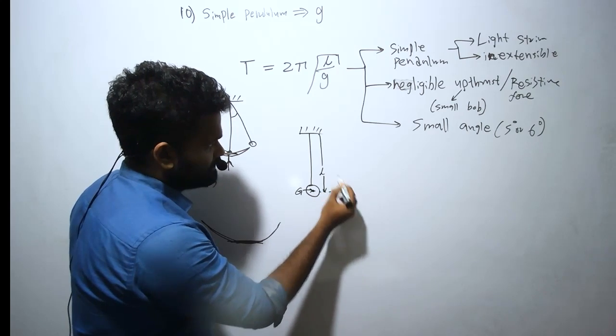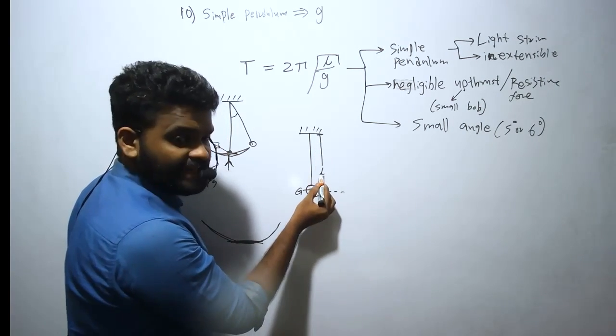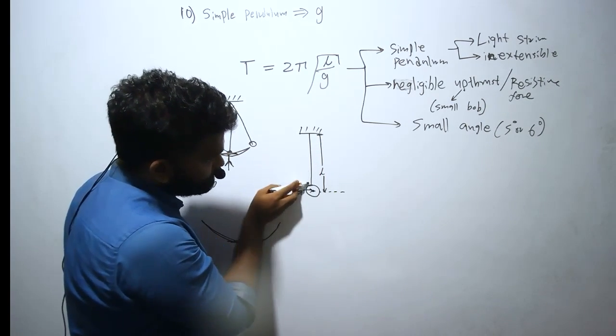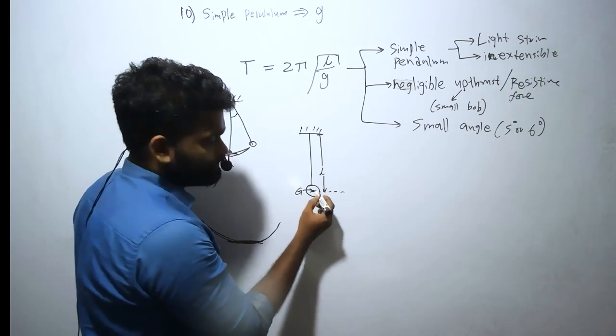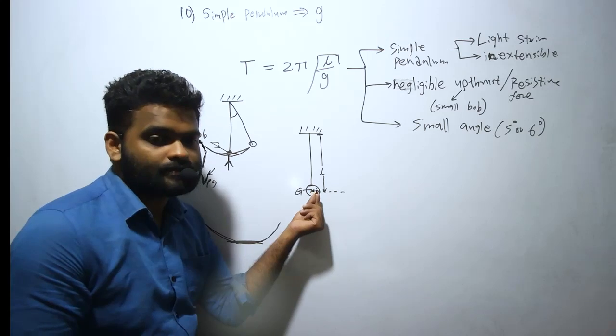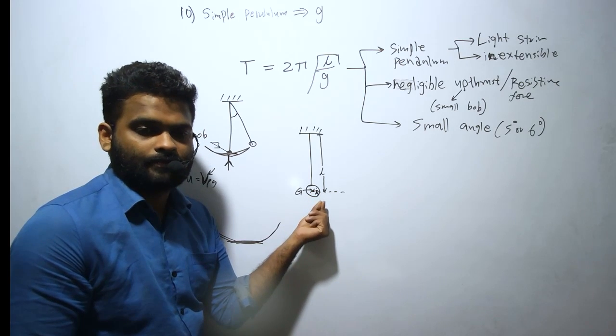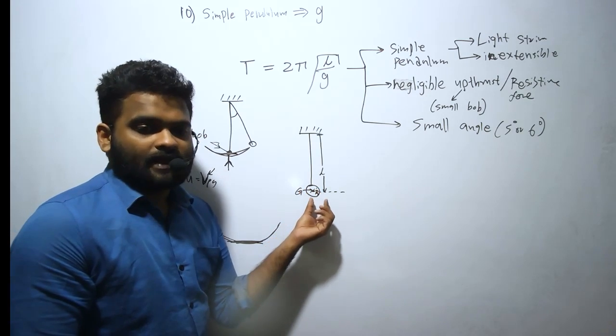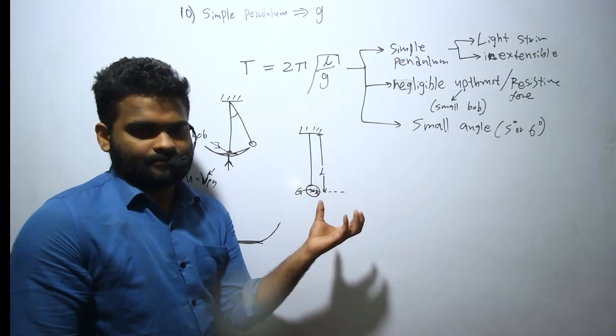This L means string plus radius of the bob. You have to think about the oscillation of the center of gravity of the bob. Otherwise, it could cause an error.